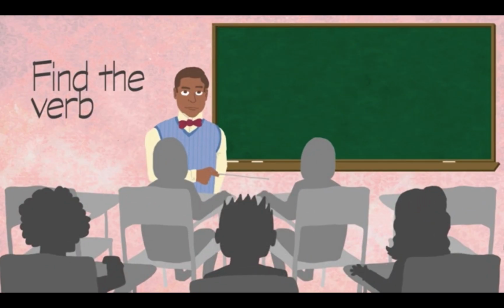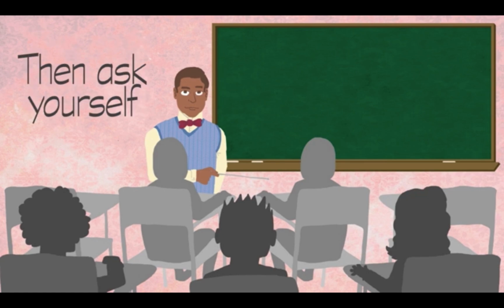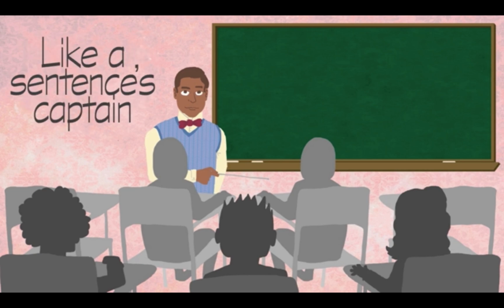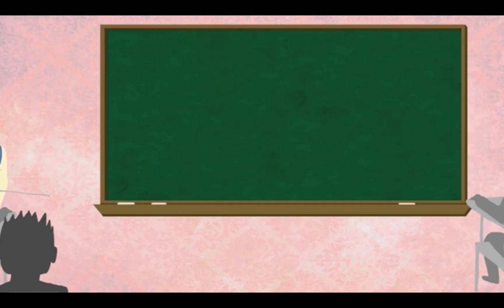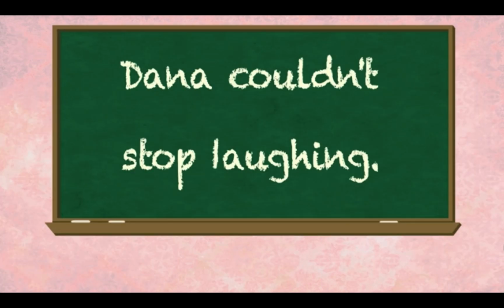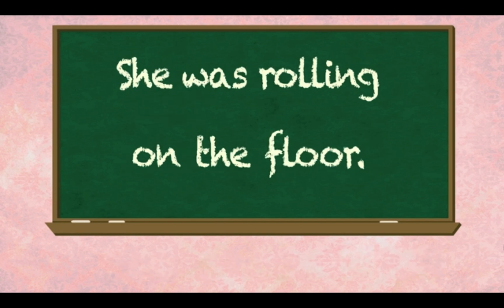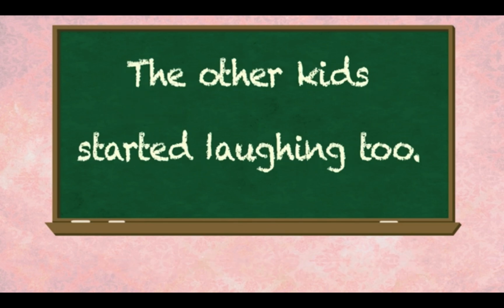So, find the verb, the main verb in a sentence. Then ask yourself who or what did it. That's the subject. Like a sentence is captain. Subjects make verbs happen. So, Dana couldn't stop laughing. Dana is the subject. She's doing the action. She was rolling on the floor. She is the subject. Are you keeping score? The other kids started laughing too.